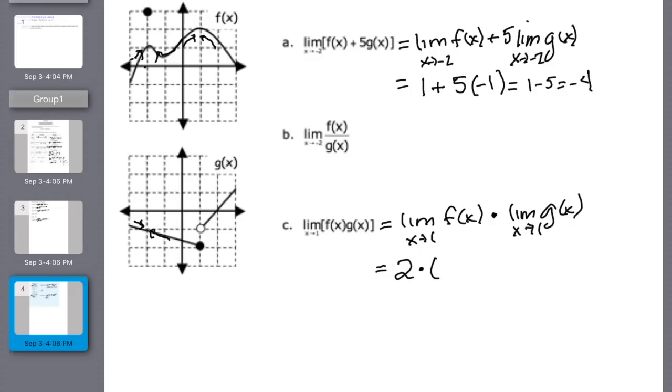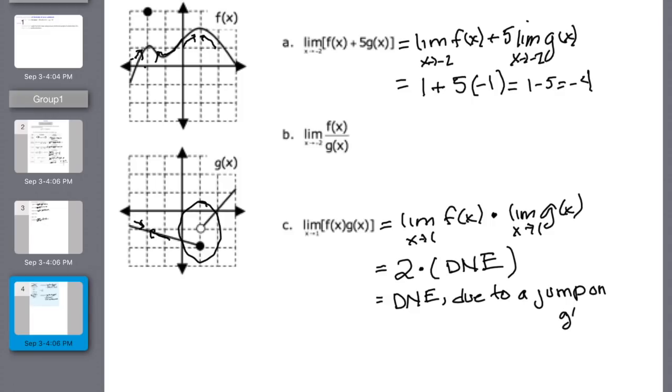Now on g(x), if we look at 1, we see a jump there, which means my left limit and my right limit are not equal to each other, which actually means that the limit of g(x) does not exist. And because one of them does not exist, this entire limit does not exist. They both have to exist, and they both have to have value for you to have a limit that does exist with these rules. And of course, this is due to a jump on, I want to be specific here, g(x).